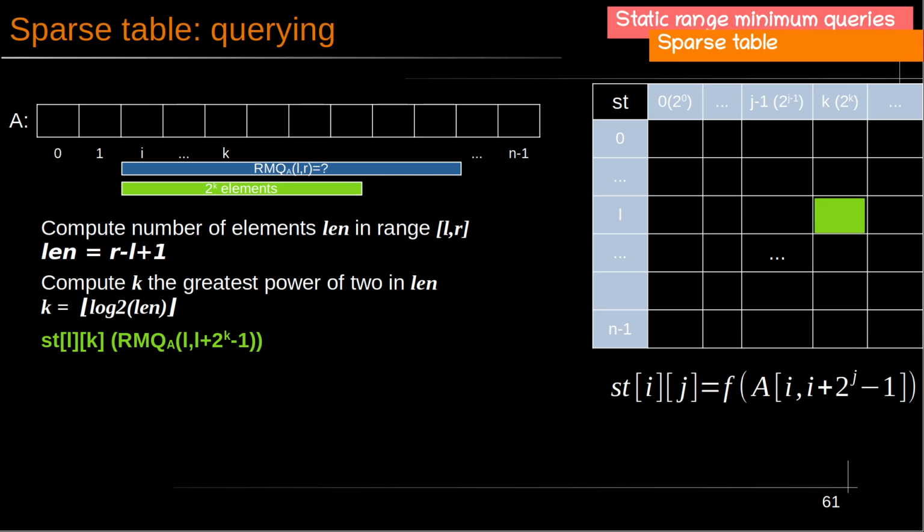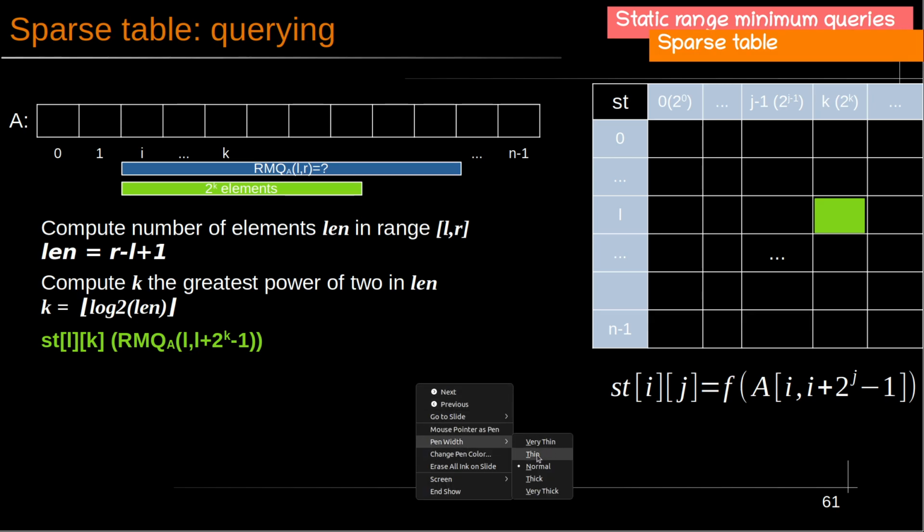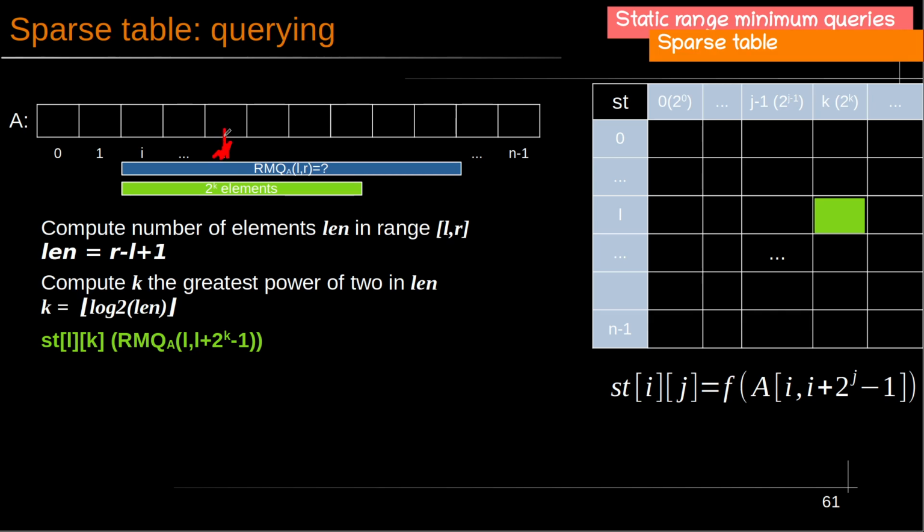So we can say that st[l][k], with this k, there is a mistake here, sorry, the mistake is not in the equation, is equal to the range minimum query on A from left to the position left plus 2 power k minus 1, which is the green cell here.